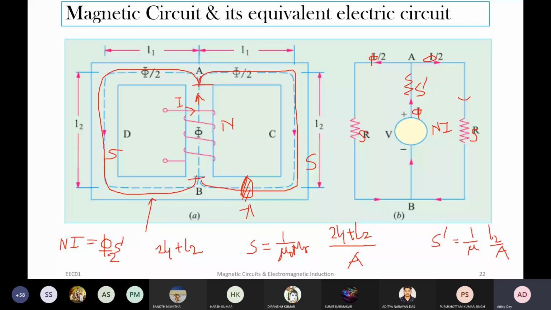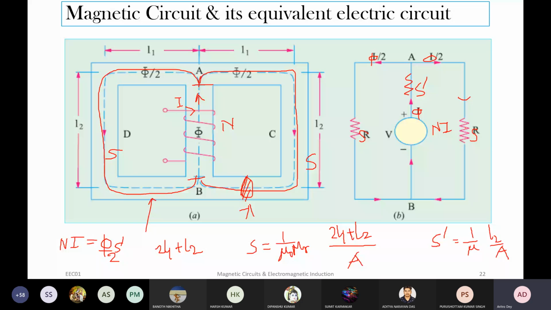If we just put their values, then this will become a problem. We'll take that up. Let us first have an idea about the circuits. For the same circuit, if we have an air gap like this, then what will happen? Another reluctance will be introduced, which is Sg.